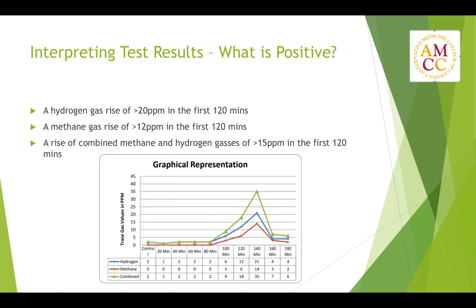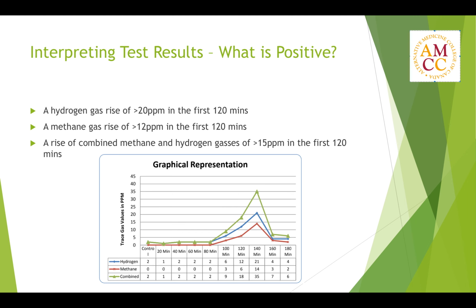It's also important to correlate that with the patient's clinical picture. For example, here below is a client who is very constipated, so his GI transit is slower. We see here that the peak occurs mostly around 140 minutes, but we still consider it positive because our combined rise is quite high, a total of about 35.